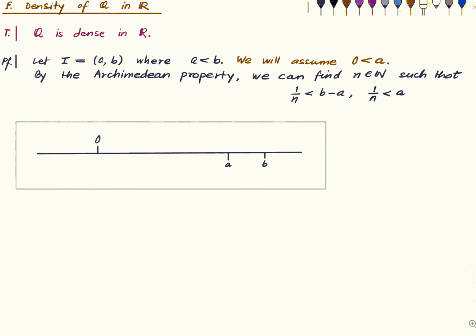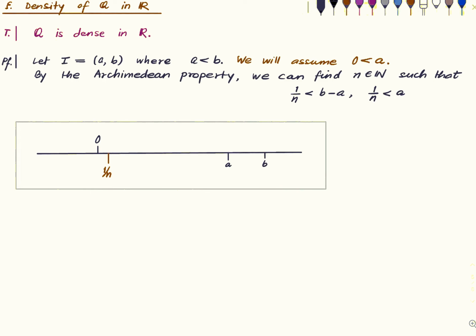So now, once we have chosen that n, let me mark it here. So this is 1 by n. And now the proof basically will go as follows. You keep walking up until you are just before the starting of the pit. This is the pit. So you are just before the starting of the pit. What does that mean? It means that in the next jump you will cross the starting of the pit.